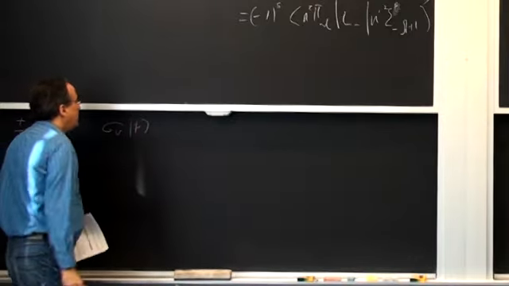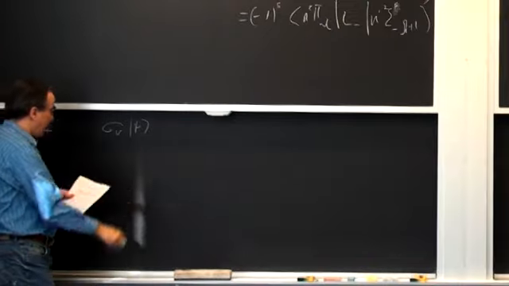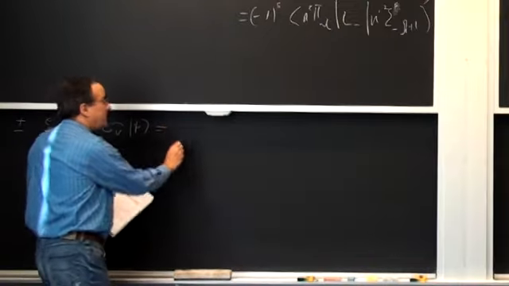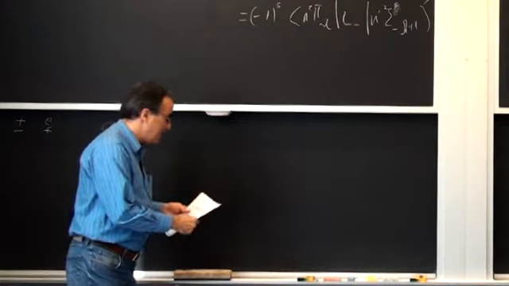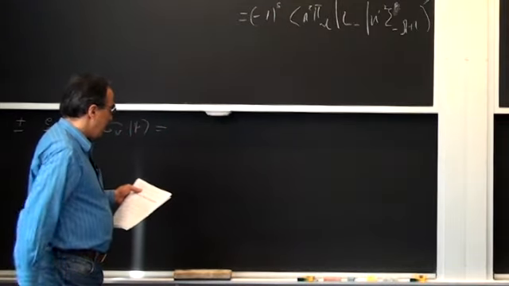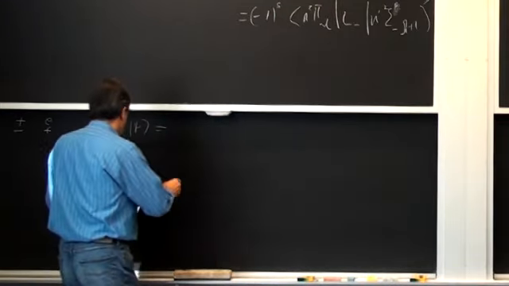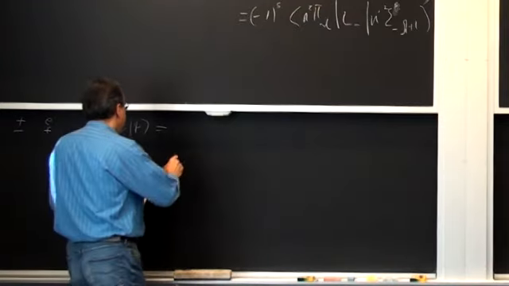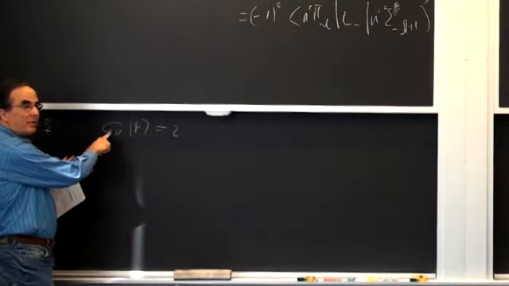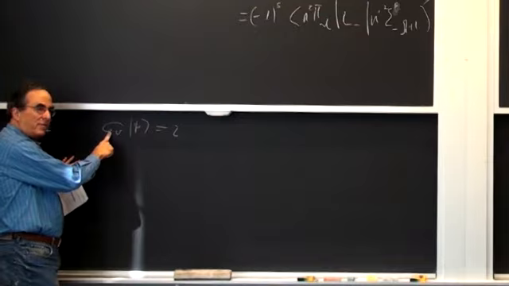So suppose we define a function psi, which is a linear combination of basis states that have opposite signs of projection quantum numbers. Because that's what this is doing. This is changing the signs of all the projection quantum numbers.